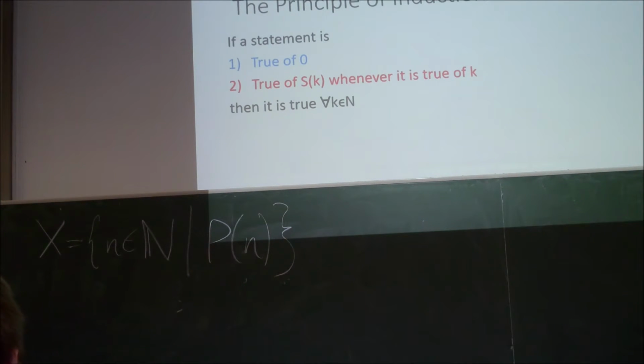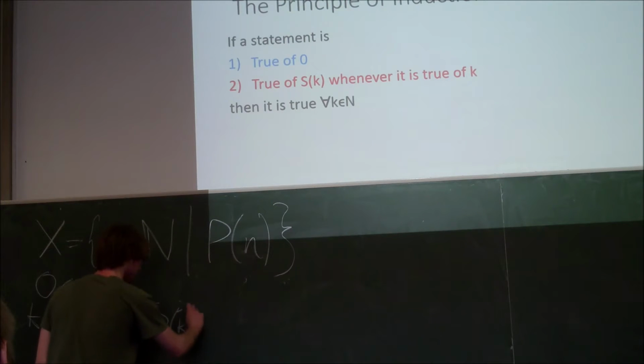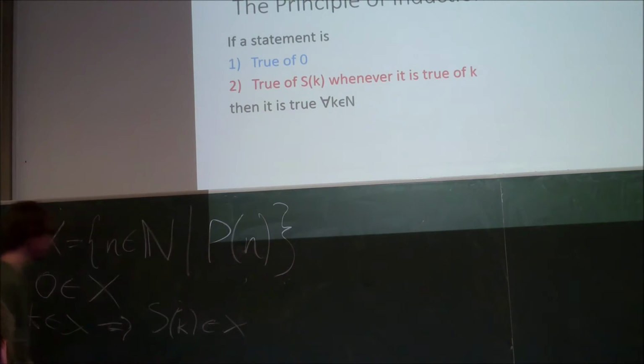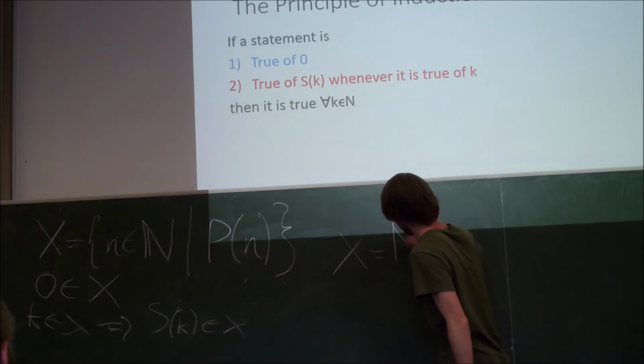Now, because the first hypothesis gives us that 0 is in x, and the second hypothesis gives us that k in x implies s of k is also in x, then that's exactly what we had before, right? And from that, we were able to say that x is the whole of the natural numbers.